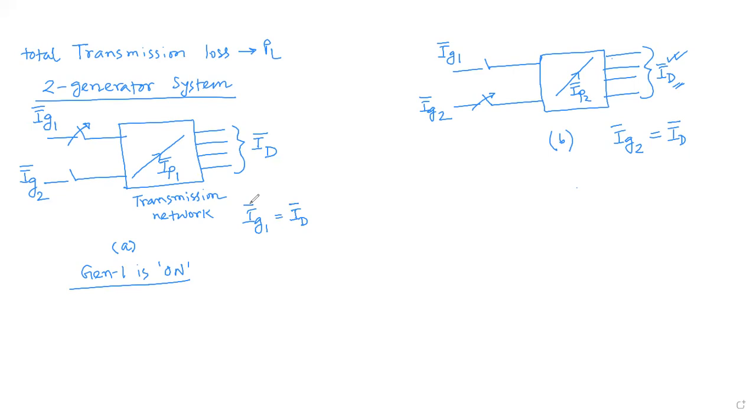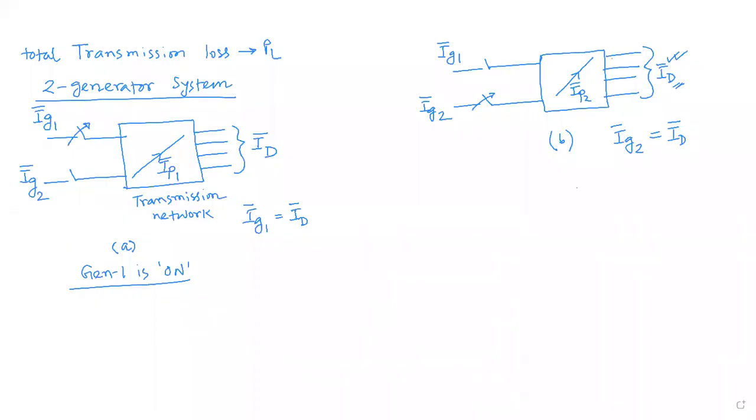Now, what is the proportion of current? Among the whole current IG1, what is the proportion of current being carried by the pth transmission link? And among these, IP2 amount of current is some portion of my actual source current.